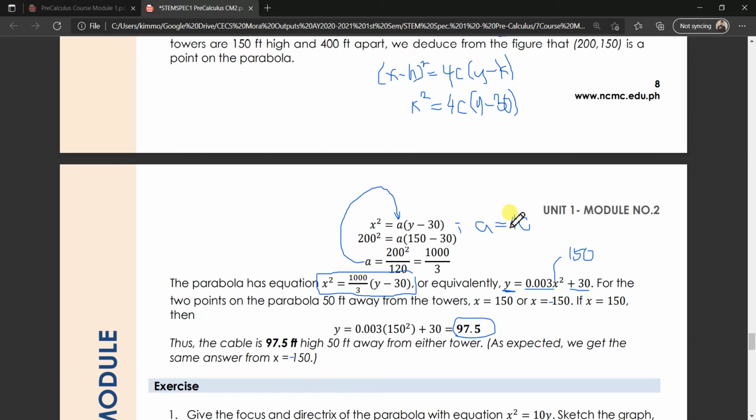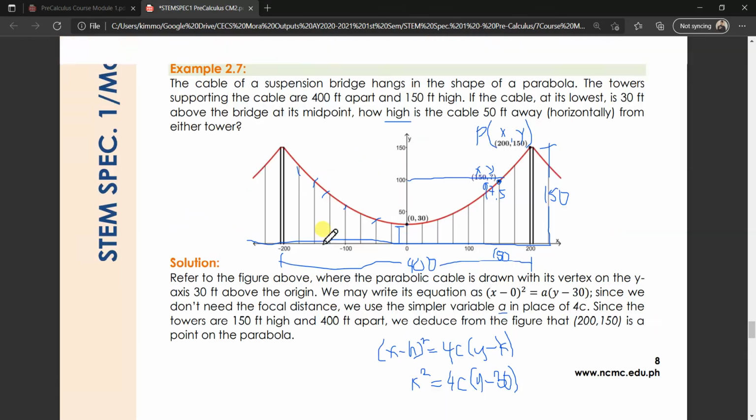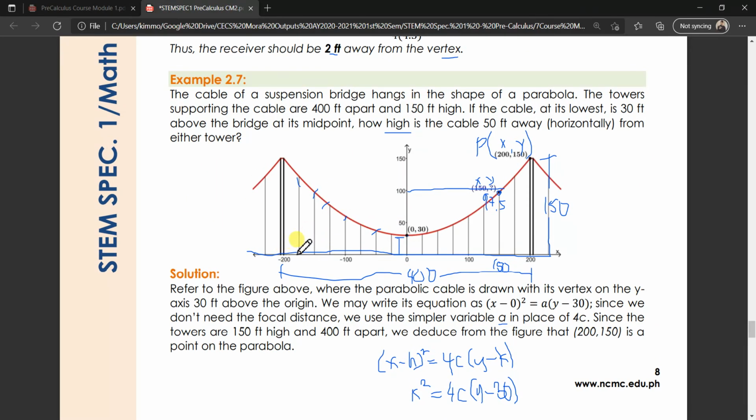So how about sir, if we are going to use the other side of our tower? So the same lang ang process. So kani nga distance, instead of positive 150, this will become negative 150. And again, unknown si y. So ang gingon sa problem is how high is the cable 150 away horizontally from either of the tower.